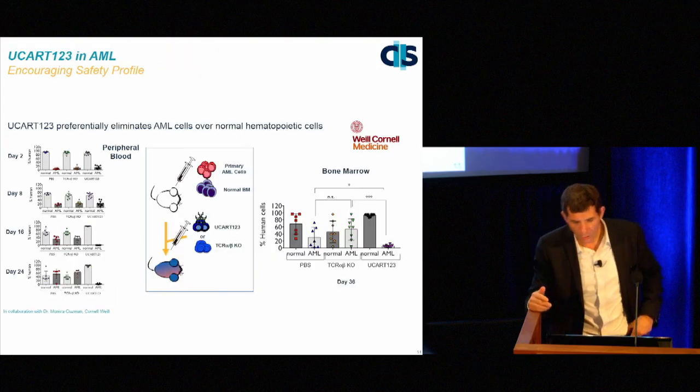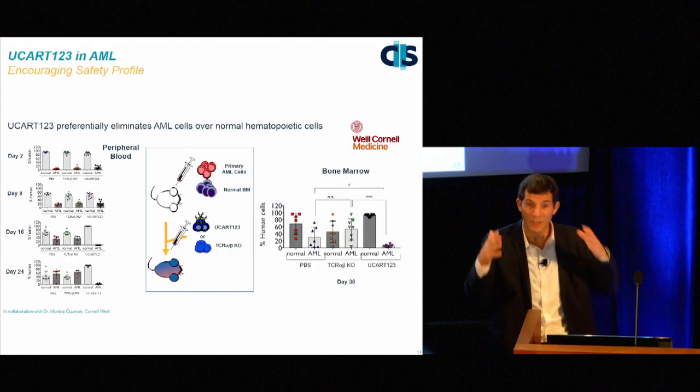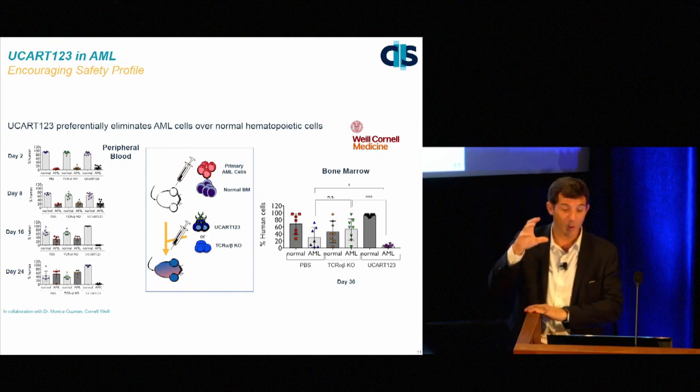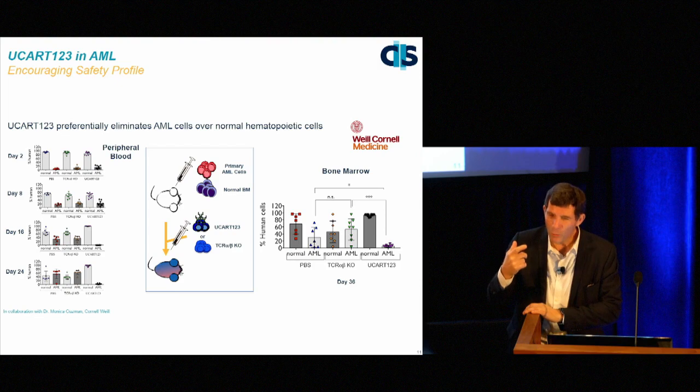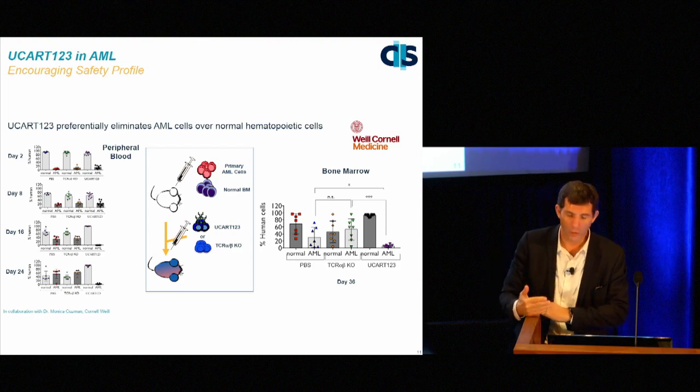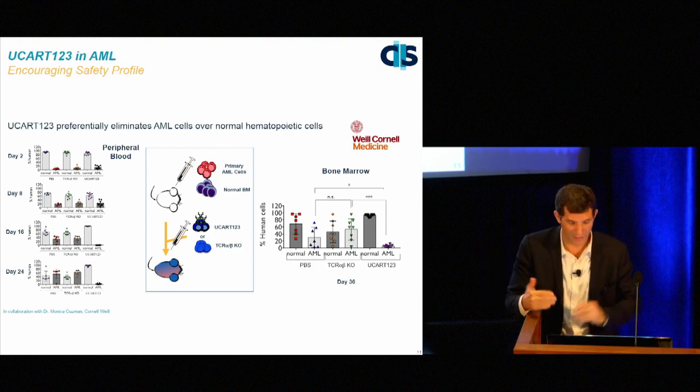One of the real concerns also is that CD123, the target of this CAR, is expressed on the surface of myeloid progenitors. The real question is, is it going to harm the normal bone marrow stem cells?